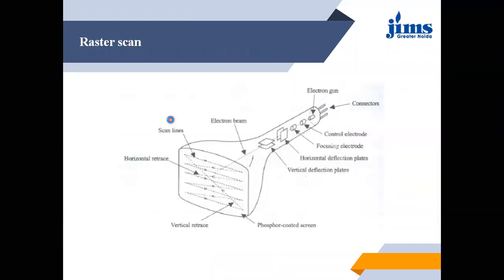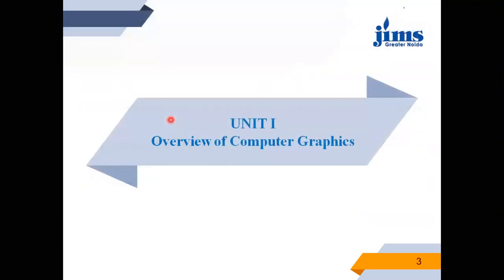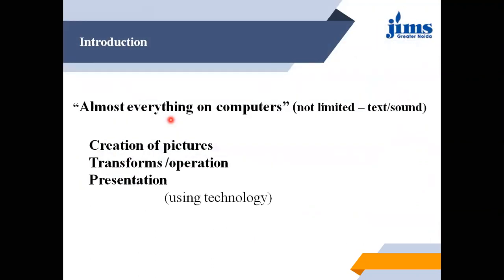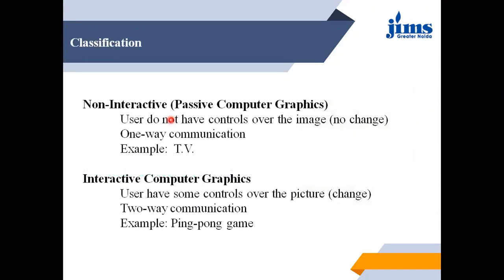So let us summarize what we discussed today. Today we discussed the overview of computer graphics, that is, what computer graphics is. Computer graphics is the creation, manipulation and presentation of objects using any technology. It came into existence in 1960 by William Fetter. Then these are of two types, passive and active, or non-interactive as well as interactive.